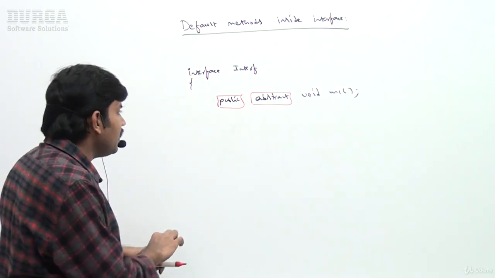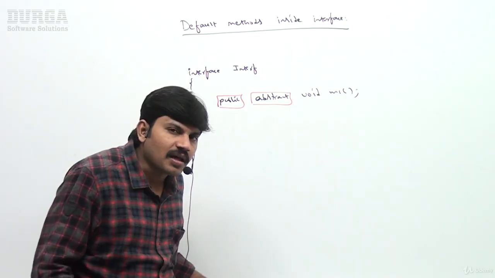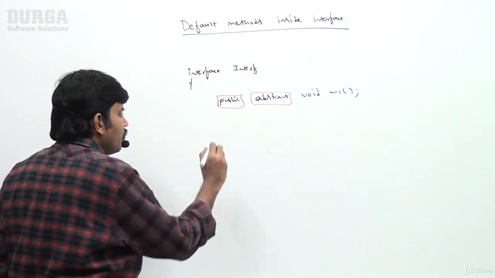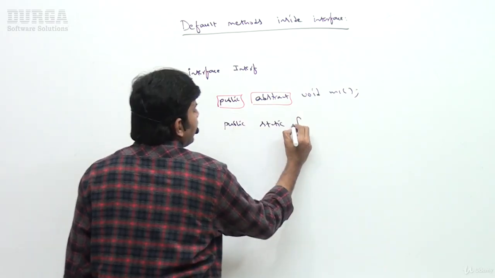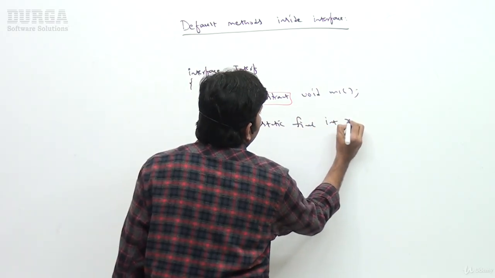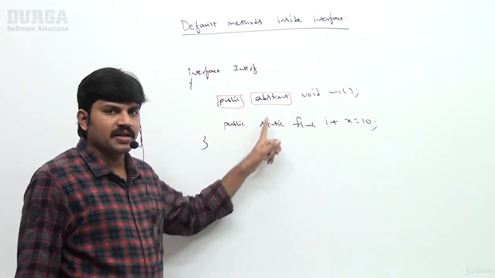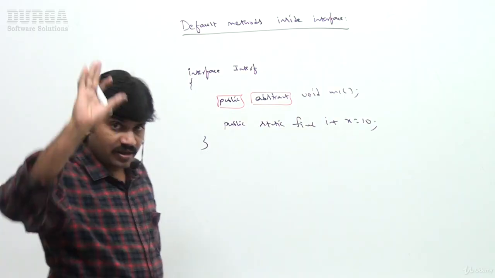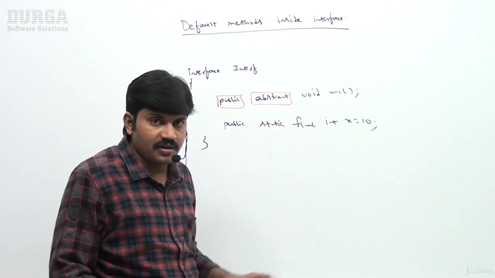Similarly, every variable present inside an interface is always what? Public, static, final. Public static final int x = 10. Why is an interface variable always public, static, final? That part we covered in our core Java interface concept, but it's not the discussion related to that.